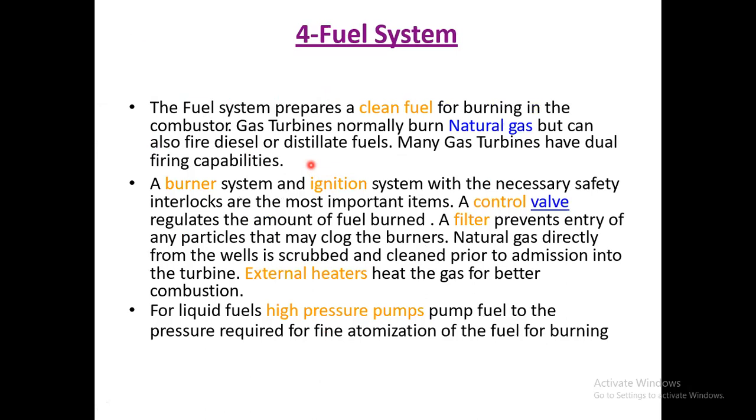Many gas turbines have dual firing capabilities. A burner system and ignition system with necessary safety interlocks are the most important items. A control valve regulates the amount of fuel burned. A filter prevents entry of any particle that may clog the burners.